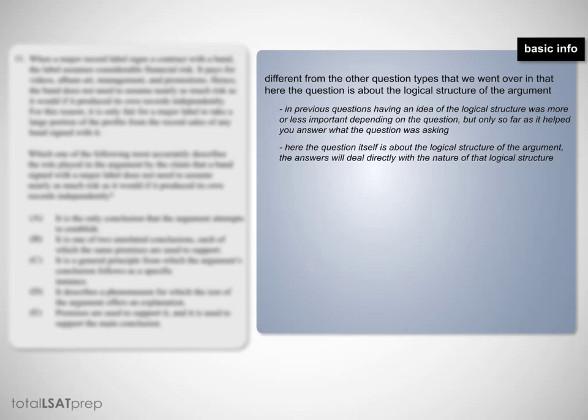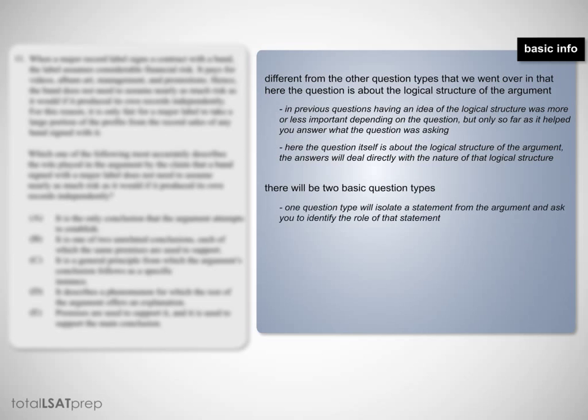The answers will deal directly with the nature of that logical structure. And this is another difference from the previous question types. Here you'll find two basic question types. One question type will isolate a statement from the argument and ask you to identify the role of that statement. The other question type will ask you to characterize the nature of the argument as a whole.